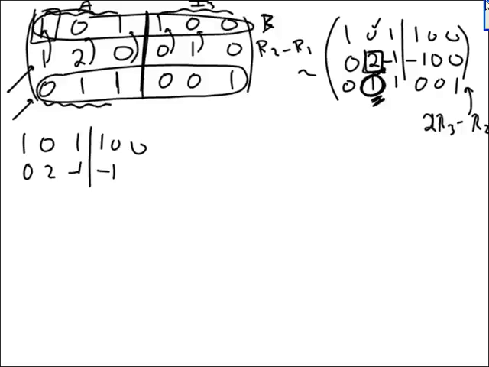Something's disturbing me. 1 minus 0 is 1. I hope I didn't say 0. It's bad enough I wrote 0. Okay. The second row is this.